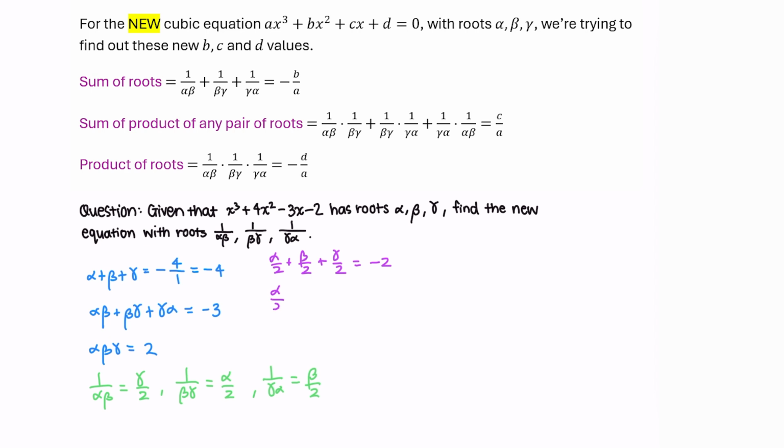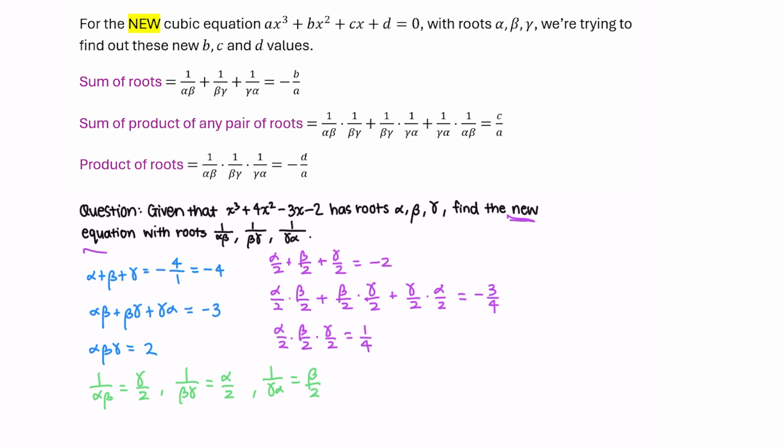Next, if we take the sum of product of any pair of roots, this is taking alpha over 2 times beta over 2 plus beta over 2 times gamma over 2 plus gamma over 2 times alpha over 2, which will actually give us this thing over 4. So we get negative 3 over 4. And finally, the product of roots will be alpha over 2 times beta over 2 times gamma over 2, which is alpha beta gamma over 8, which is 2 over 8 or 1/4.